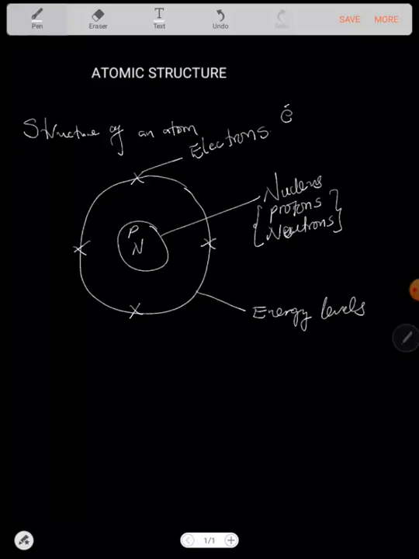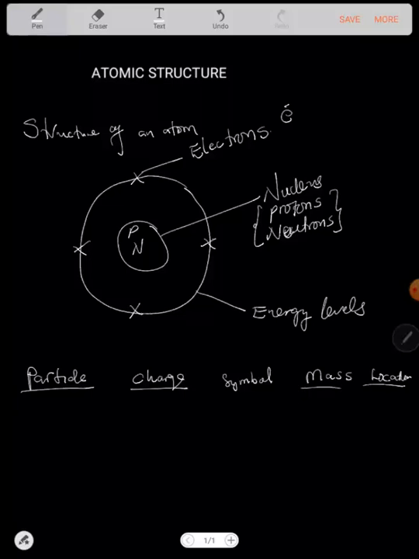So in short, we are saying in an atom we have a particle. This particle has got a charge, a symbol, a mass, and it also has a location.